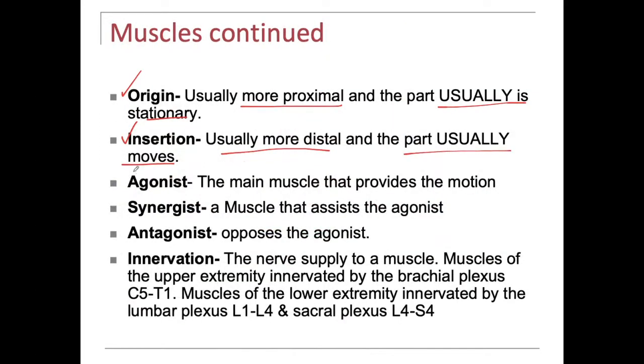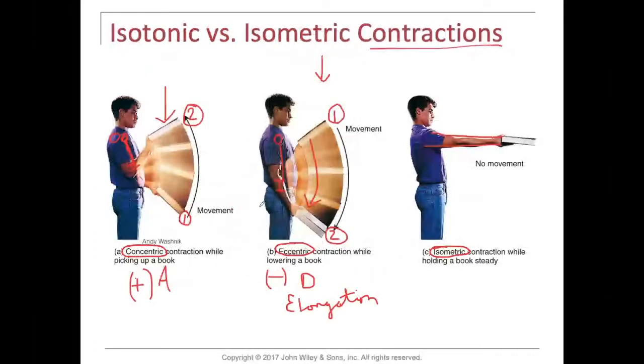Okay. Now, agonist, synergist, and antagonist. Well, agonist and antagonist, these are opposites to one another, whereas the agonist is the main muscle that provides the movement, and the antagonist is the muscle that opposes it. So if we go back here and I said, what's the agonist for elbow flexion? That would be the biceps brachii. If I said, what's the antagonist? Well, the antagonist would have to be on the opposite side, on the posterior side.